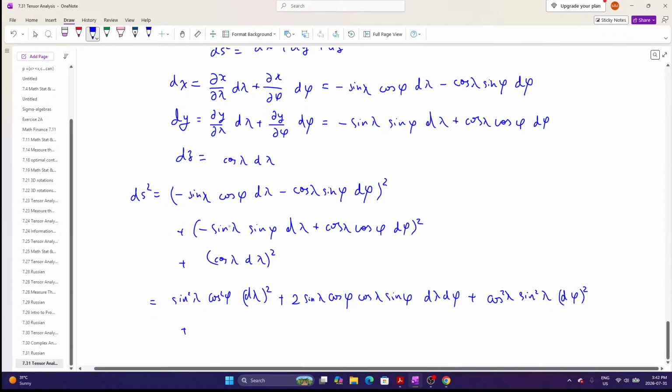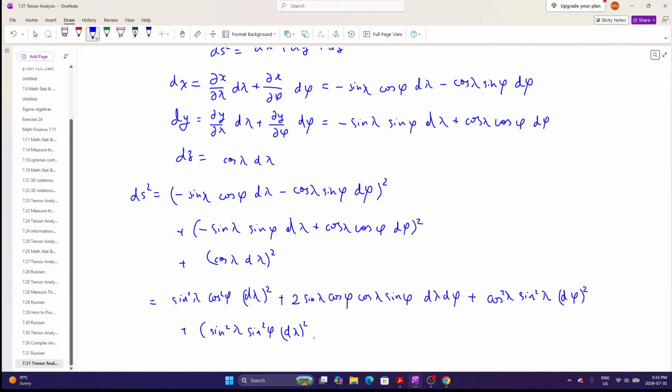That's the first line. The second line would be, let me put the bracket here just to demarcate these terms, sine squared lambda sine squared phi d lambda squared, plus, actually minus, opposite sign, 2 sine lambda sine of phi cosine of lambda cosine of phi d lambda d phi.